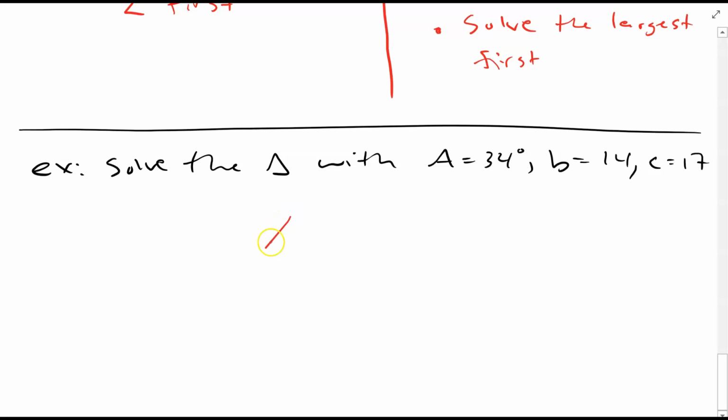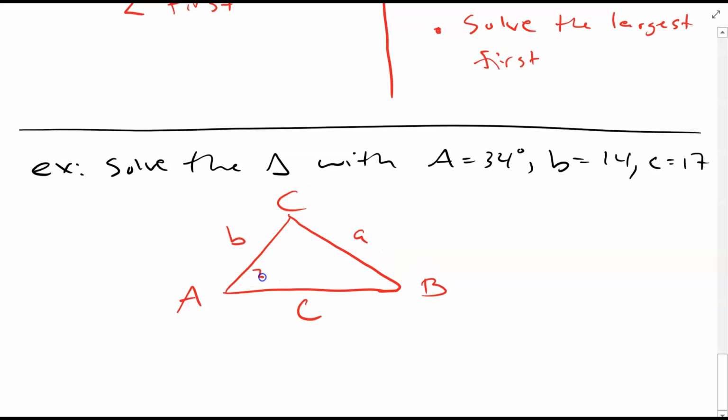One way you can do that is by drawing a picture. So here's the picture for this situation. Is this side angle side or side side angle? This is side angle side.